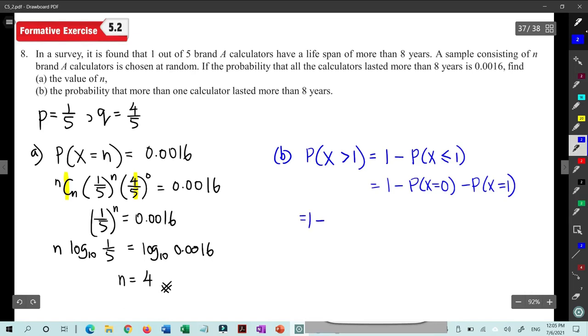So 1 minus 4C0, 1 over 5 to the power of 0, 4 over 5 to the power of 4, minus 4C1, 1 over 5 to the power 1, 4 over 5 to the power of 3.